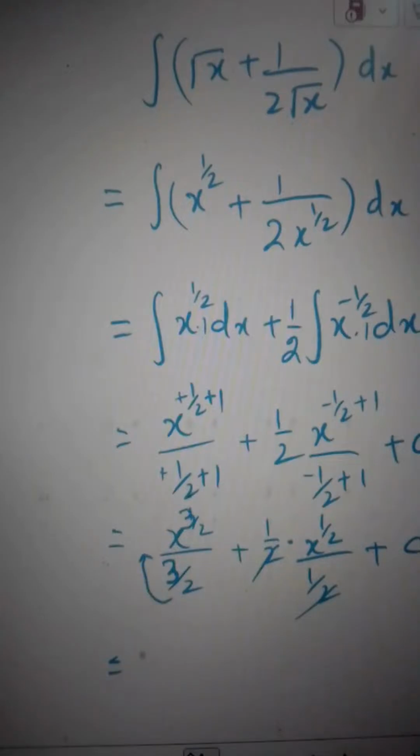From the third place, 2 rises to first, so it becomes 2 by 3, x power 3 by 2 plus x power 1 by 2, which can be written in this form, square root x, plus c. This can be written as x square root x, or you can keep it in this form. So integration is completed here.